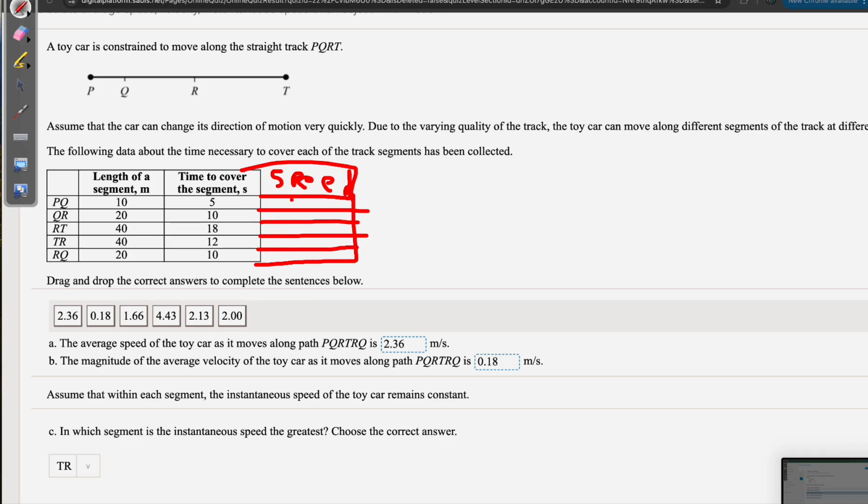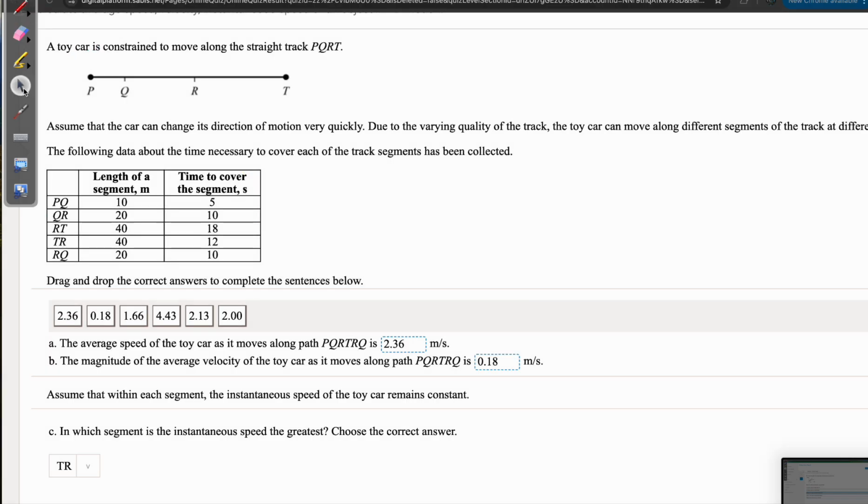So 10 over 5 is 2, 20 over 10 is 2, 40 over 18, we're going to need the calculator, is 2.2, 40 over 12 is 3.3, and 20 over 10 is 2. So it is TR with the highest speed. Instantaneous speed, same.